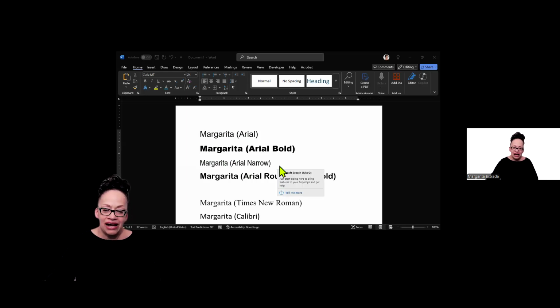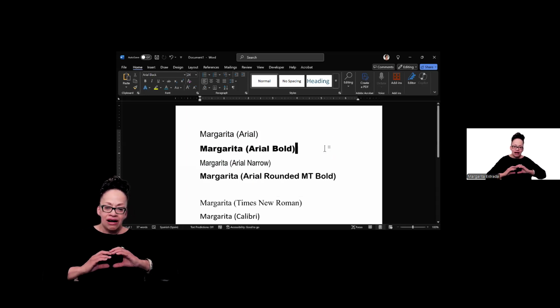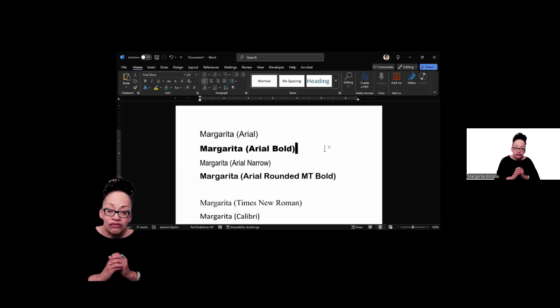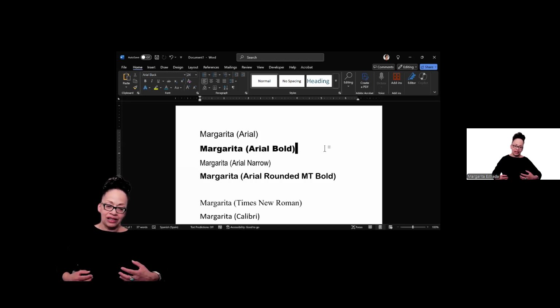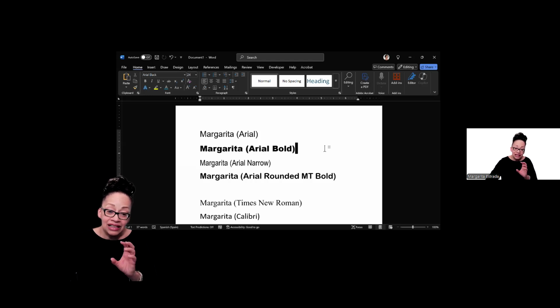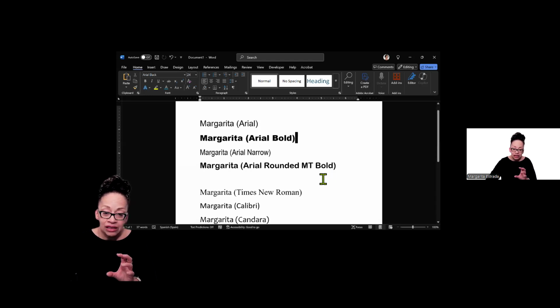My name written in Arial narrow creates a whole different feel, right? It's almost as if I am constricted. So if you're a writer and you're trying to evoke a feeling of being constricted and not being able to get out of something, Arial narrow evokes that feeling.